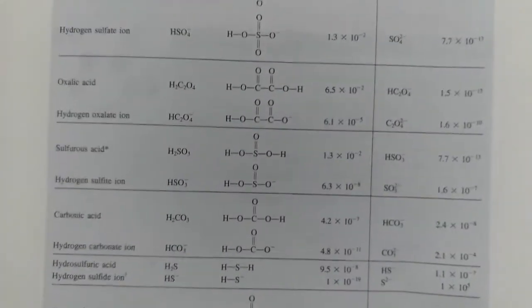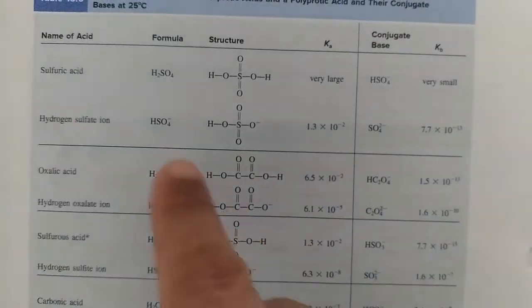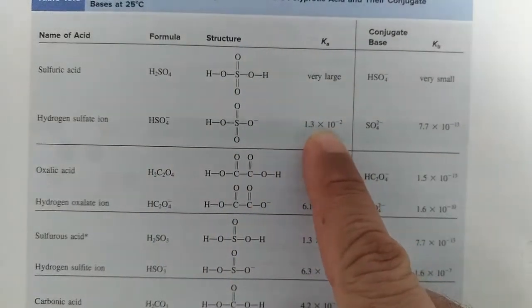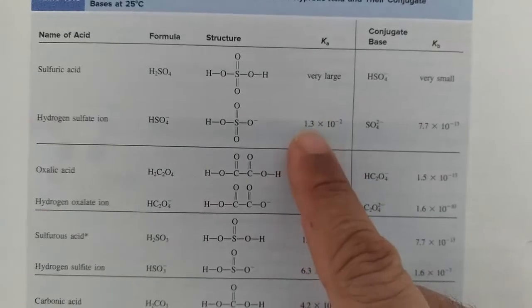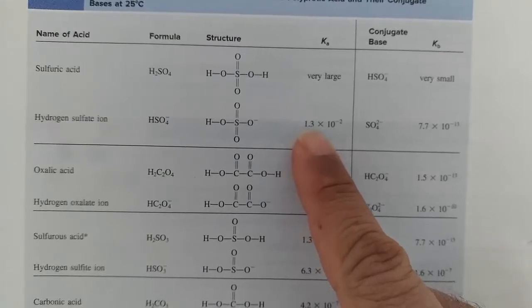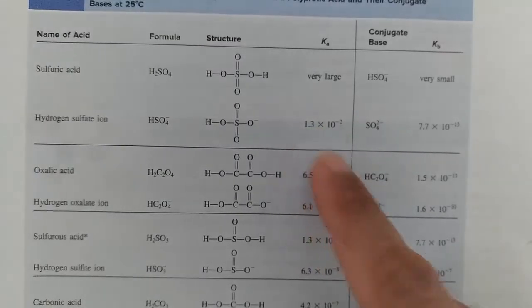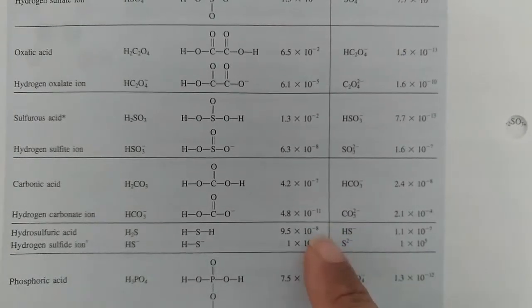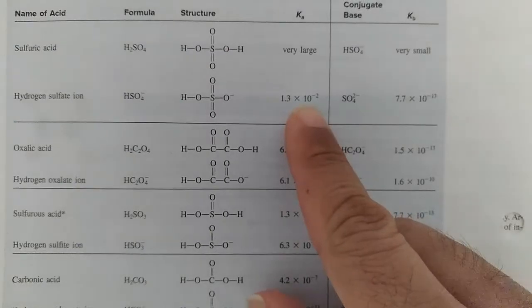Looking at our table, HSO4 minus is 1.3 times 10 to the minus 2. That could be an issue with regards to our low ionization assumption. That is to say, it may ionize more than 5% because this is a pretty large number, compared to something down the list like 10 to the minus 11, 10 to the minus 8, 10 to the minus 19. 10 to the minus 2 is pretty large.